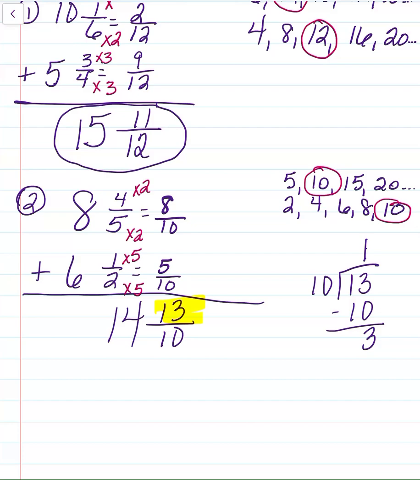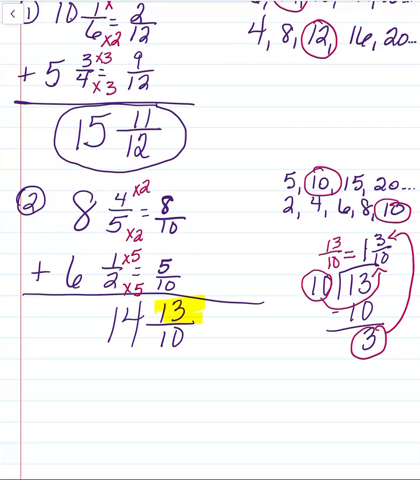So our remainder becomes our numerator, and then our denominator stays the same. So 13/10 is equivalent to 1 3/10.